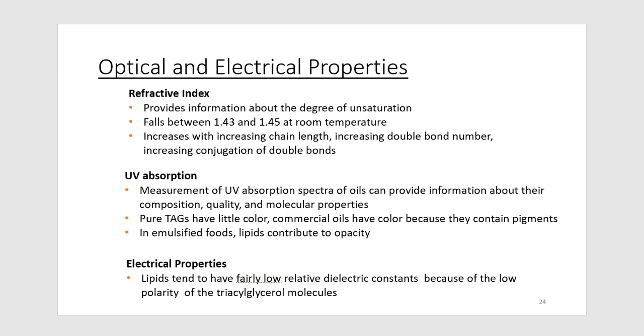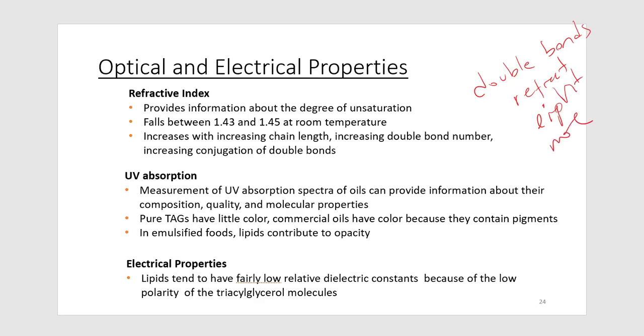And it increases with increasing chain length, increasing double bond number, increasing conjugation of double bonds. Because when there is more double bonds, those double bonds refract light more. As a result, the refractive index will be higher.